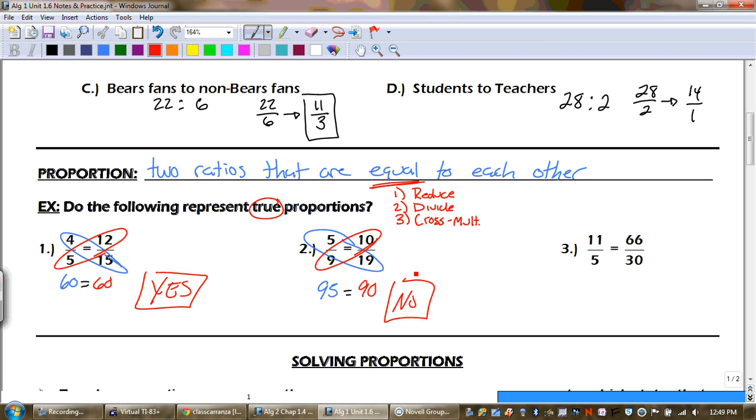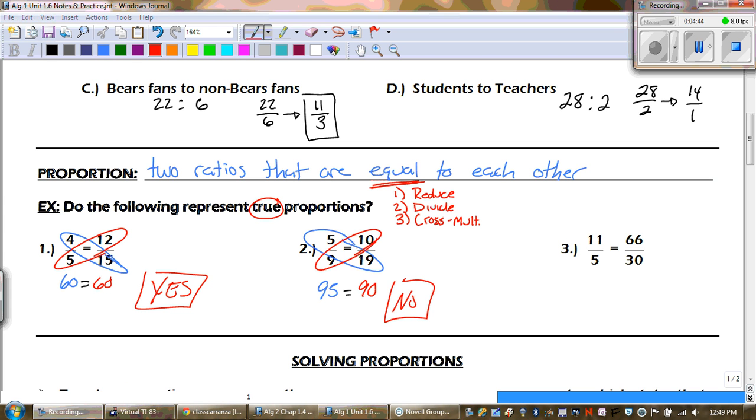No. All right, number 3, go ahead and pause the video and do that one on your own. Okay, and there's the work. You just multiply those 2 guys and you should get yes.